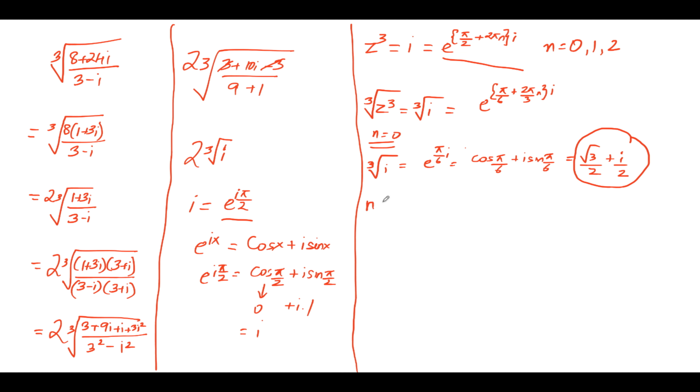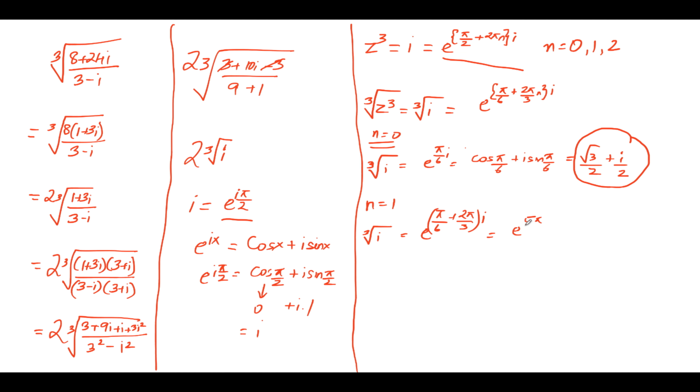Now when n is equal to 1, the cube root of i is going to be e power (pi by 6 plus 2 pi by 3), the whole into i, which works out to be e power 5 pi by 6 i. So if you multiply 2 here, this becomes 4 pi by 6, so 5 pi by 6.